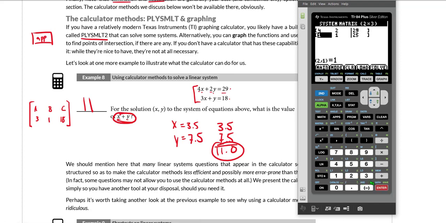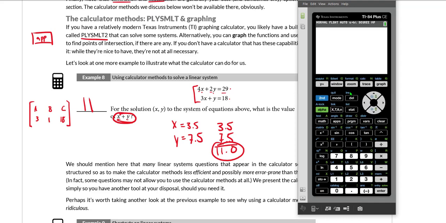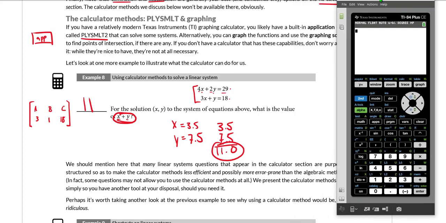I would do 3. I would do 1. I would do 18. And then I hit solve and I get my 2 fractions. If I hit fraction to decimal, which is the graph button, I get those 2 decimal values. So again, similar process, just the interface looks a little bit different, a little bit nicer in the new calculator, but equally as effective in the old calculator.